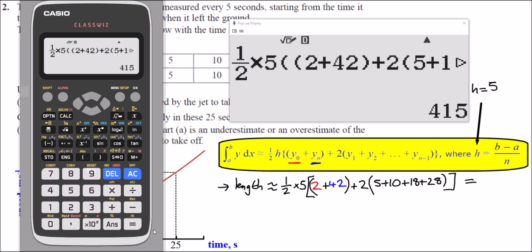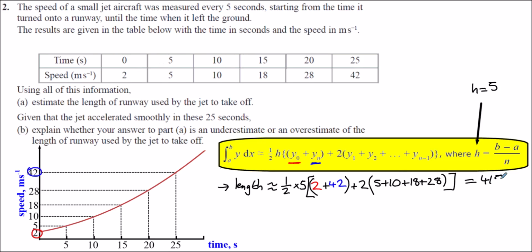We get 415. So that's going to be 415 meters. So that's our final answer for A, 415 meters. So I'll just underline that and put here that's our answer for part A.